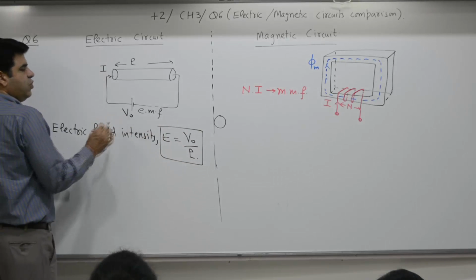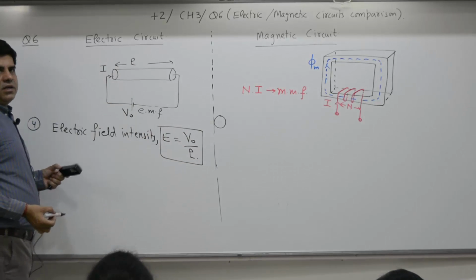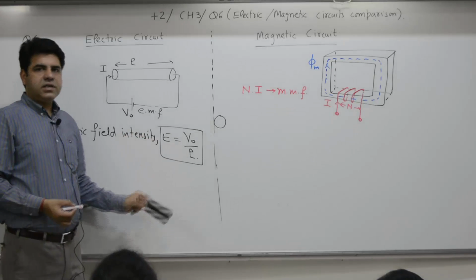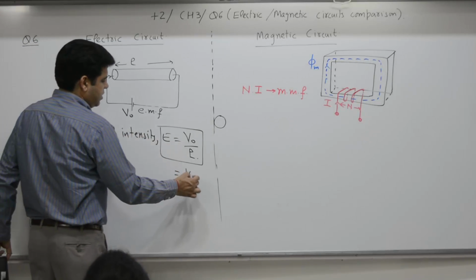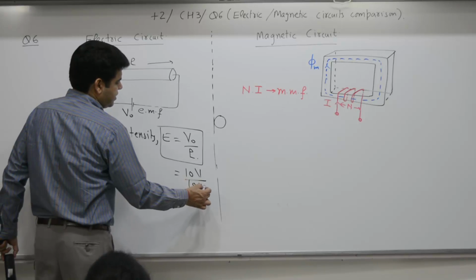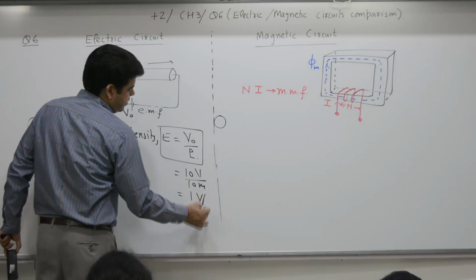Say voltage is 10 volt, length is 10 meter, 10 volt by 10 meter is 1 volt per meter.